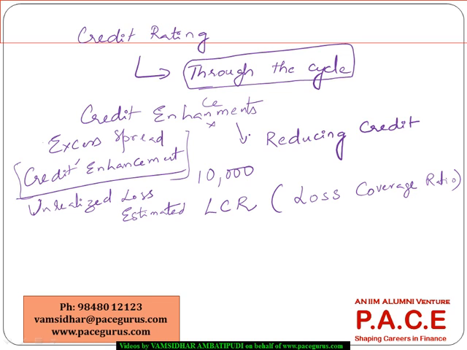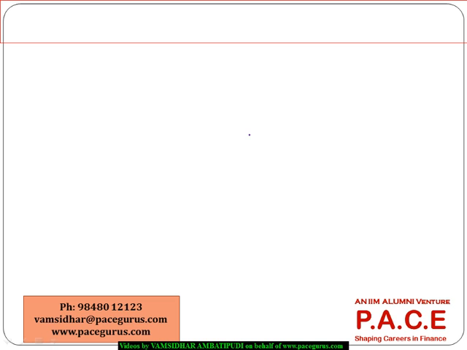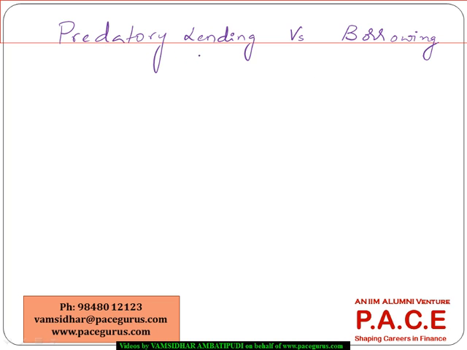And the final aspect that I want to look at in this context is the difference between predatory lending and predatory borrowing. Nowadays, this has become more and more important to understand. When there is predatory lending, the borrower becomes worse off.